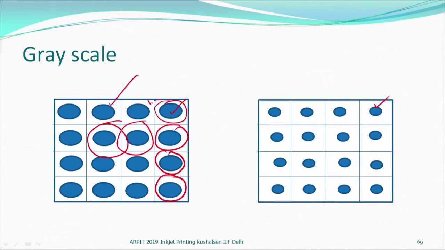Suppose by deliberate attempt we reduce the dot size, from this we bring it to this. So, resolution still remains the same, 4 by 4 type of matrix, but the dot size is reduced, number of dots are the same.